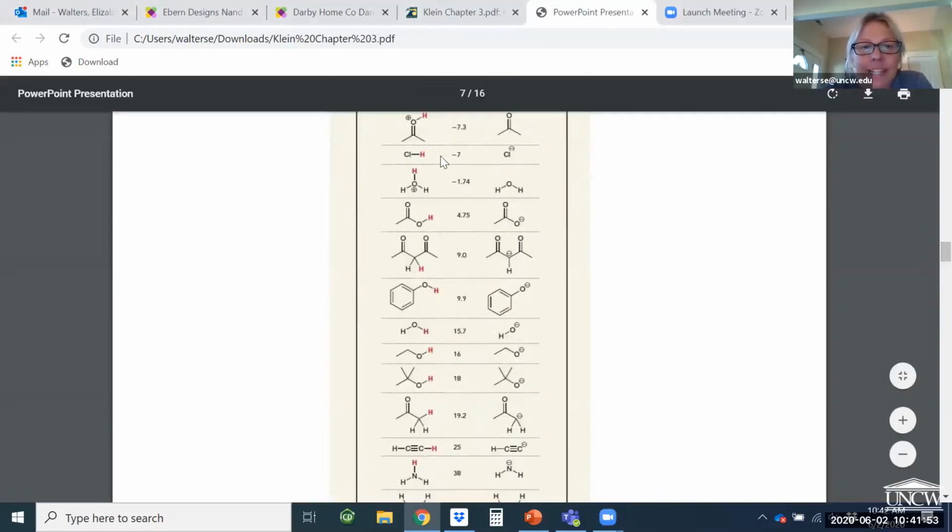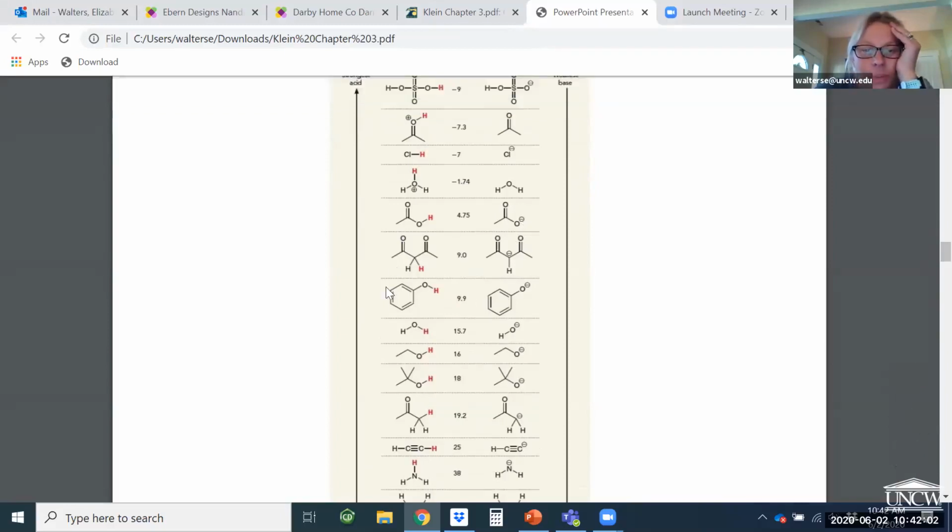Here is your carboxylic acid. Carboxylic acids are around pKa 5. This one right here, we'll come to why it's lower than the other alcohols in a little bit. This one is called phenol. It has a benzene or an arene ring with a hydroxide.